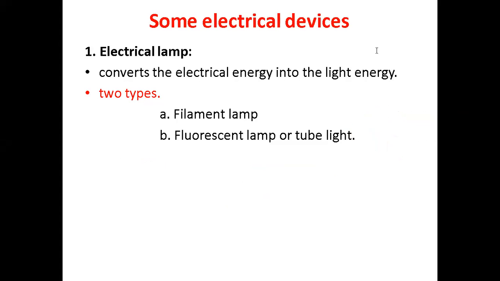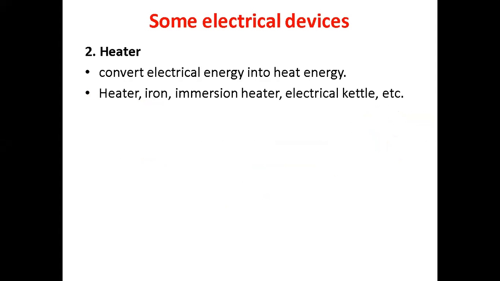Then about electrical devices, next is the heater. A heater gives heat energy. That means electrical energy is converted into heat energy. But in a heater, a few parts are also converted into light energy.